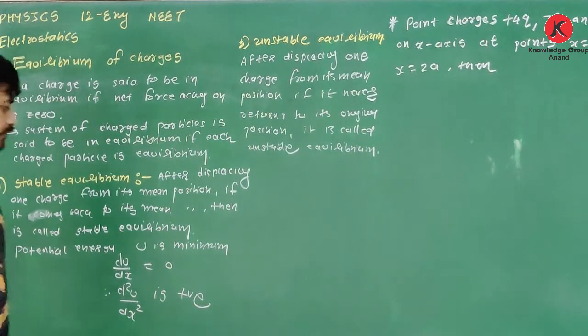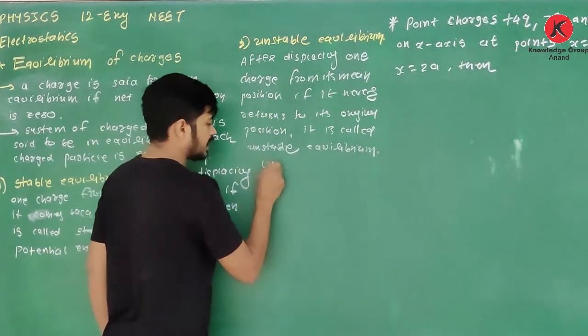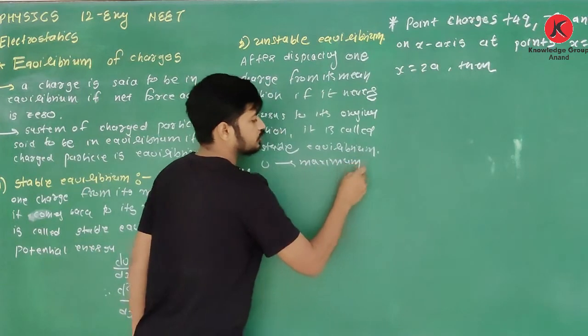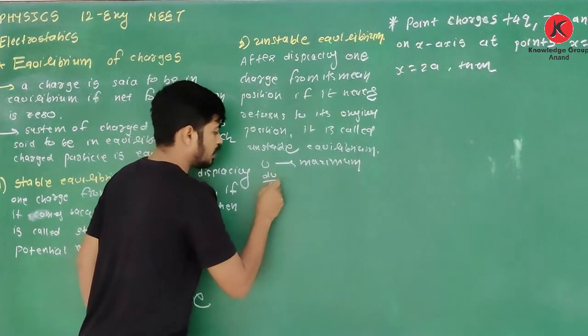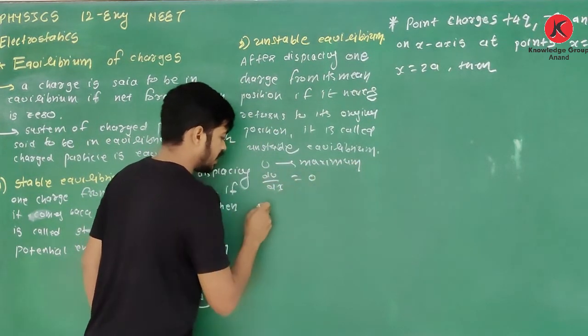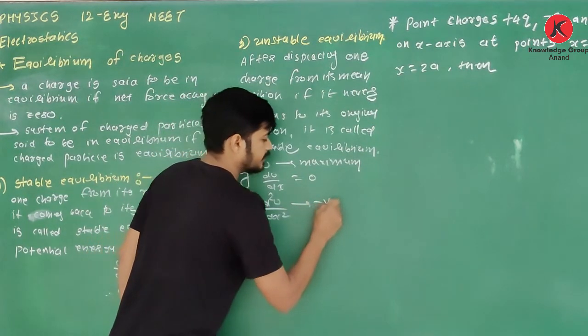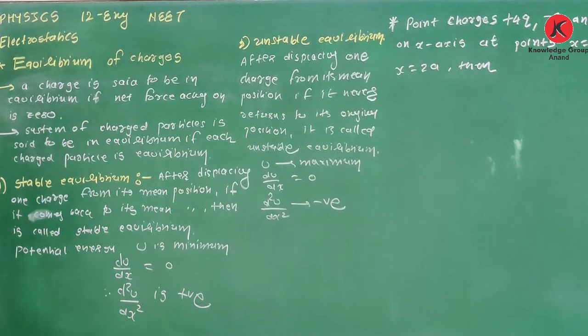Simple. And for this unstable equilibrium, potential energy U is maximum. dU upon dx is 0, and d square U upon dx square is negative. Clear about this? So these two points you have to remember.